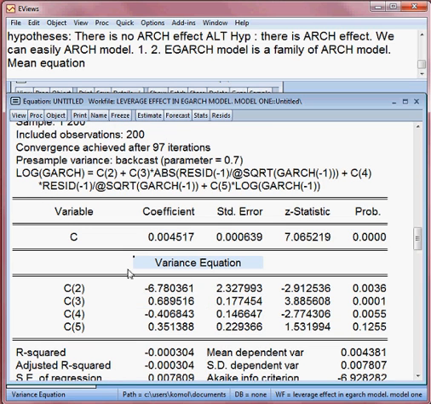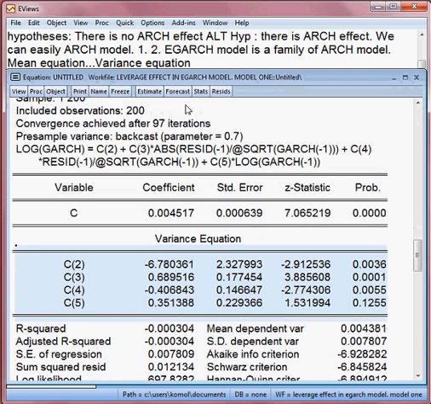You can see the variance equation here, right? That is the variance equation, the whole thing. So that means the EGARCH model has two parts: one is the mean equation and one is the variance equation.